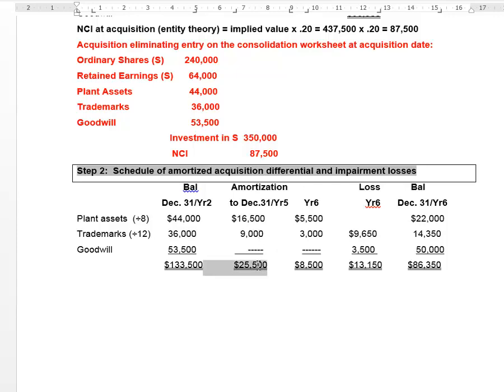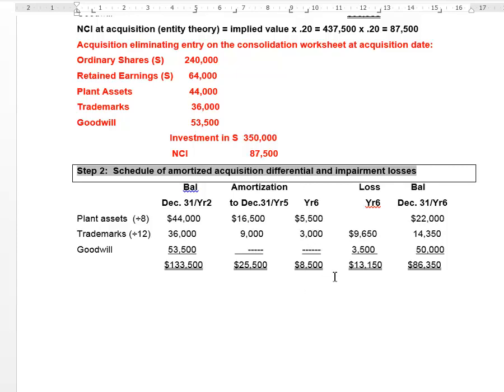And that means that in total, from the date we became related to the end of year 5, we would have amortized $25,500. In year 6, we would have amortized $8,500, $5,500, which represents 1 year of amortization for plant assets and 1 year of amortization of trademarks.